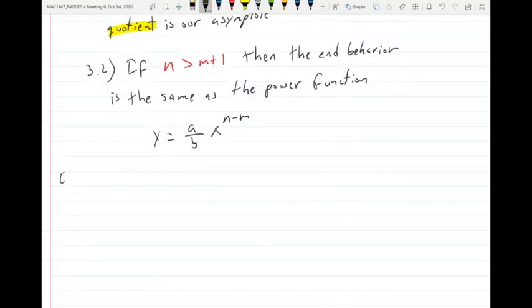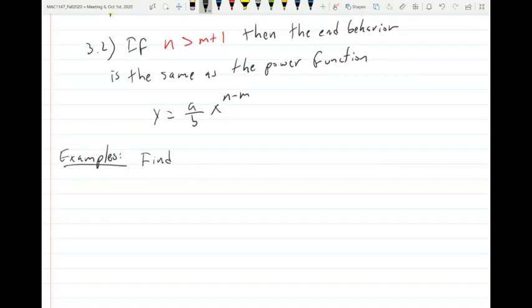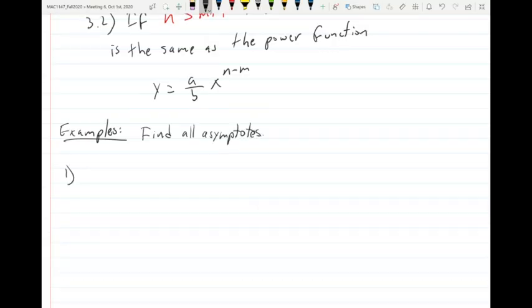So examples. And this is about finding asymptotes. So find all asymptotes. Let's see. For the first one, let's do f of x equals 8 over x squared plus 4x plus 4.